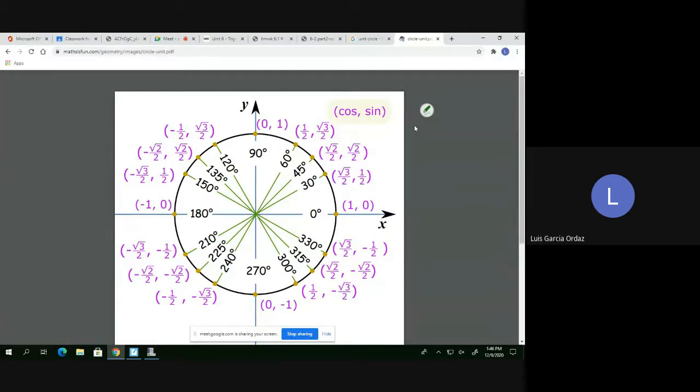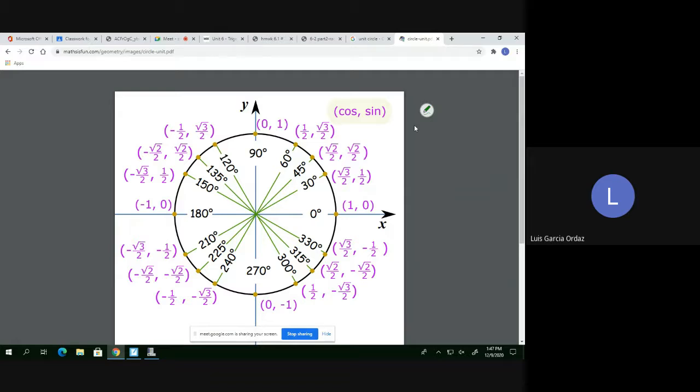Okay, so just for your reference, this is what the unit circle looks like. As you can see, with a radius of 1, we have the major points at 1 and 0, 0 and 1, negative 1 and 0, and 0 and negative 1. Remember we said our cosine is our x and our sine is our y.